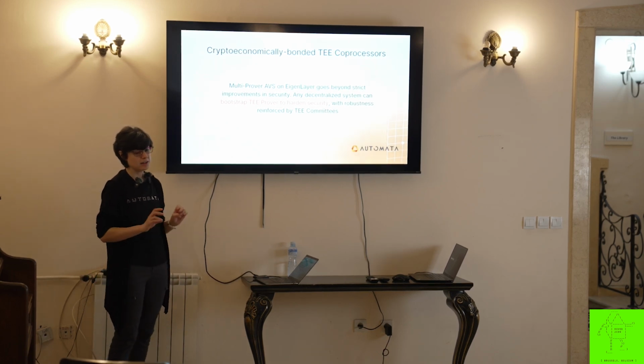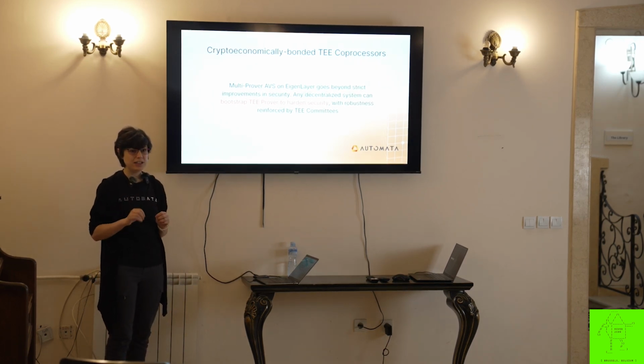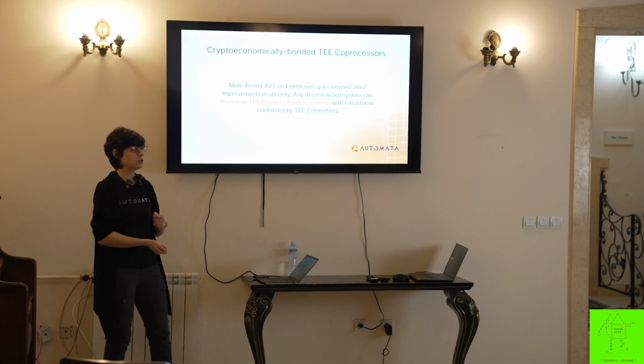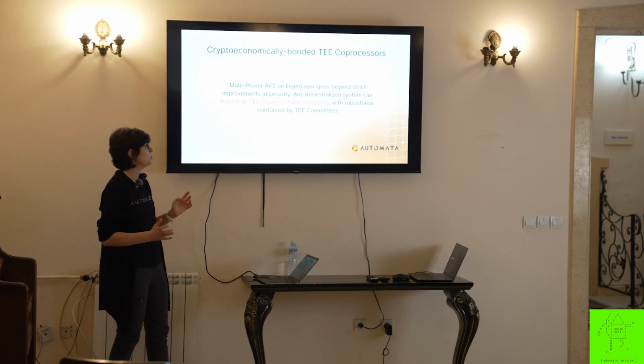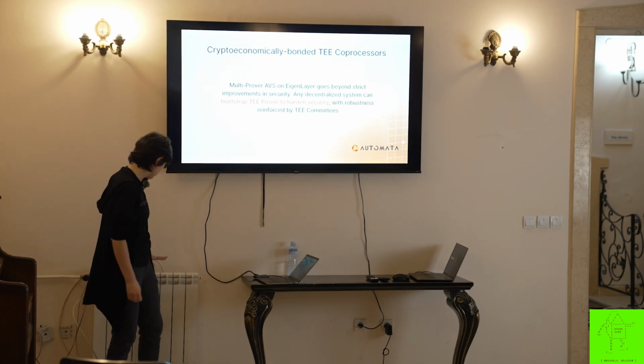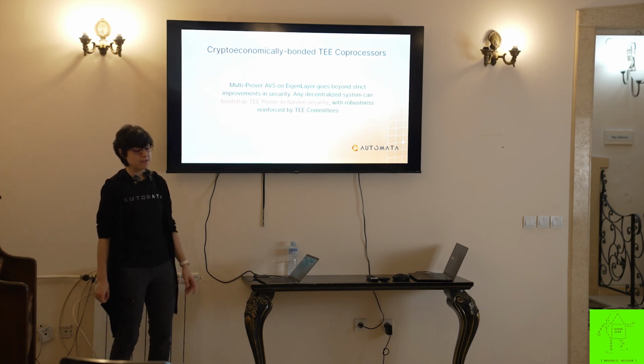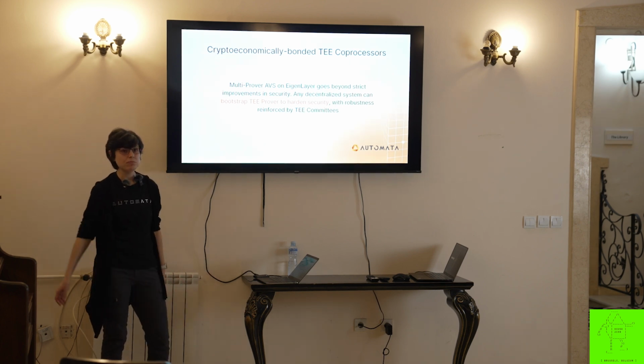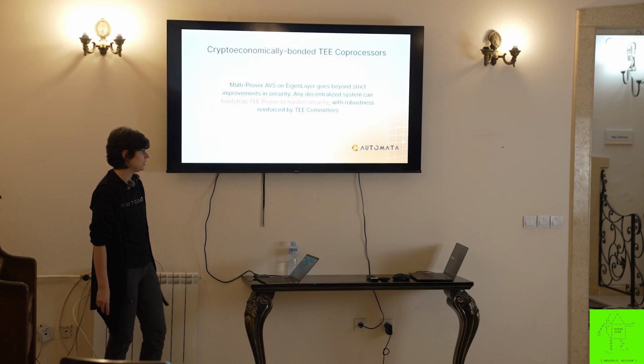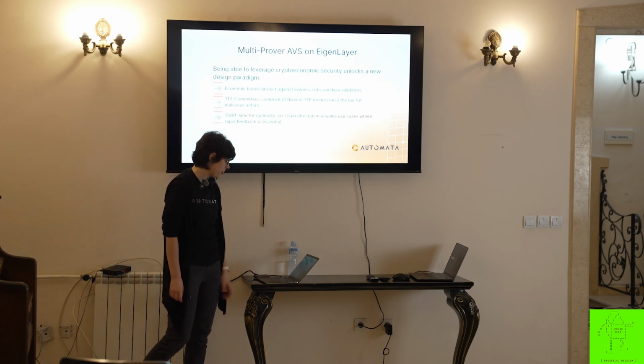The TEEs can ensure integrity, but they cannot ensure liveness. So in order to solve this, we add the crypto-economic security of the AVS, and now if the operator wants to disconnect the TEE, then it will be slashed.